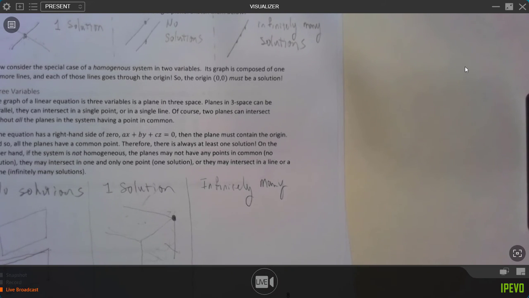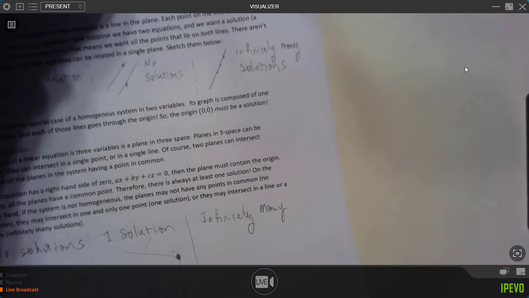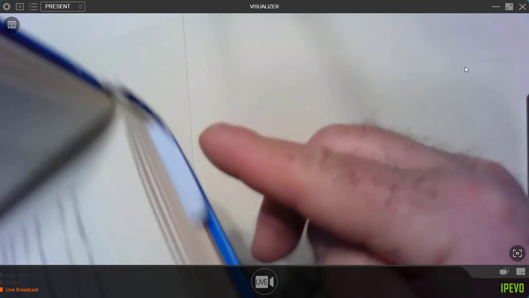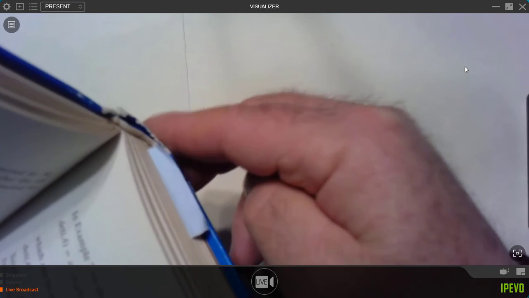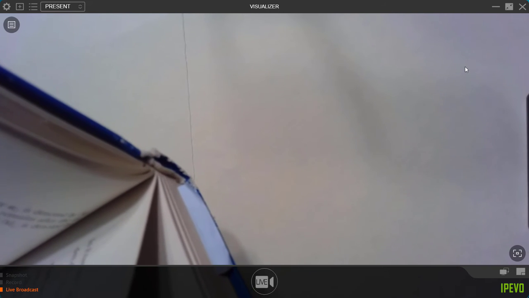But it could happen another way as well. How about this? The pages of a book. This thing just opens up, right? And you can kind of get the idea that I have a plane here and a plane here that intersect in a line, but there's no reason you can't have another plane that intersects in that same line.